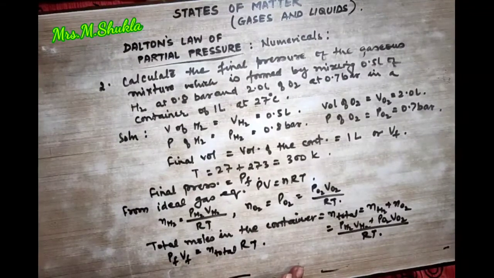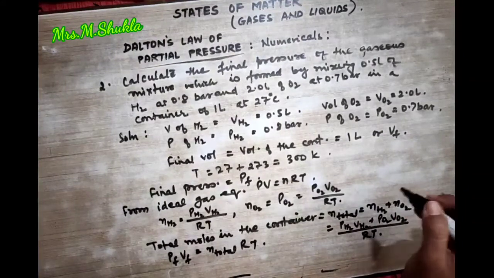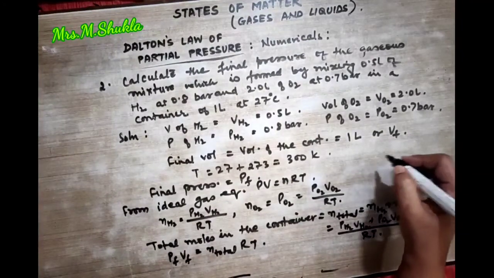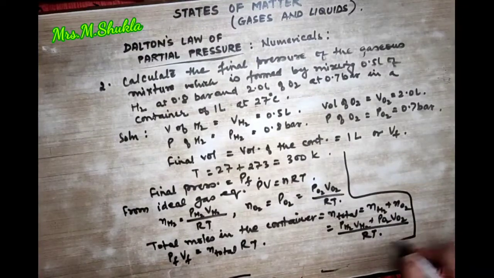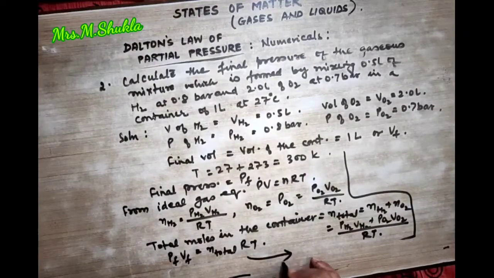So the final pressure into final volume is equal to the total number of moles into RT.